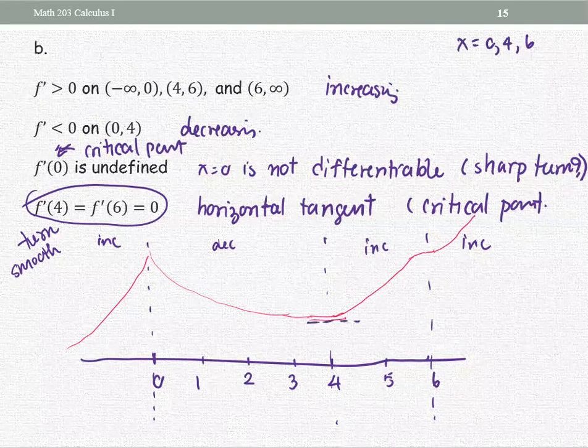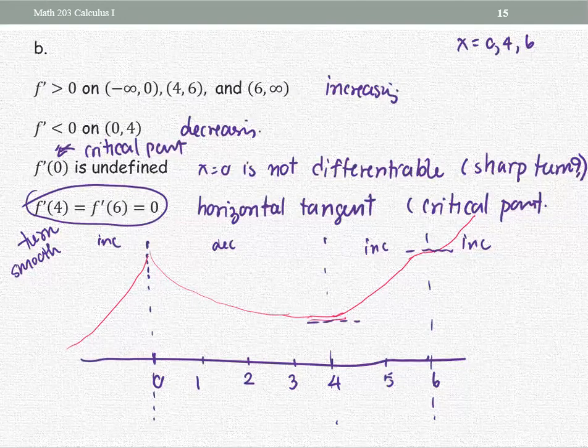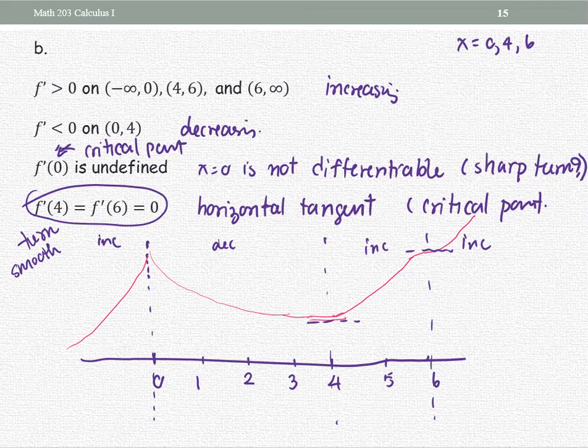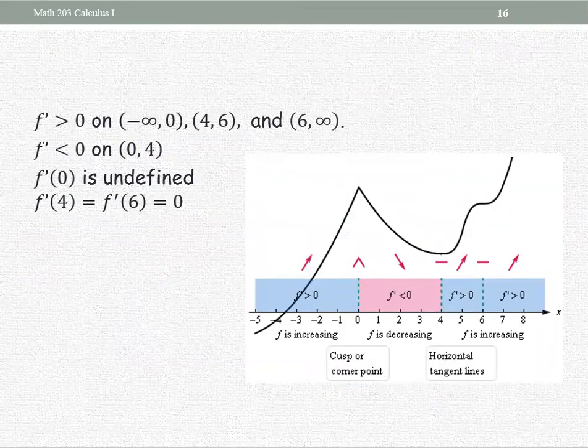We have slope 0 at 4 and 6, and slope undefined at 0. So the red curve here is one of the sketch graphs that follows these conditions. And here is a better looking one.